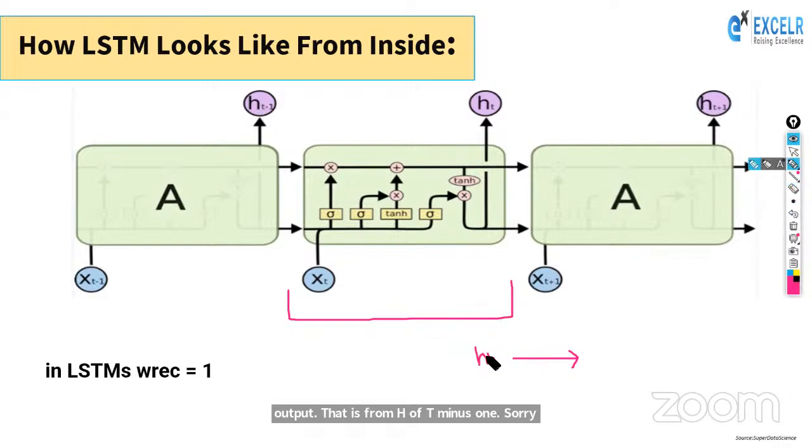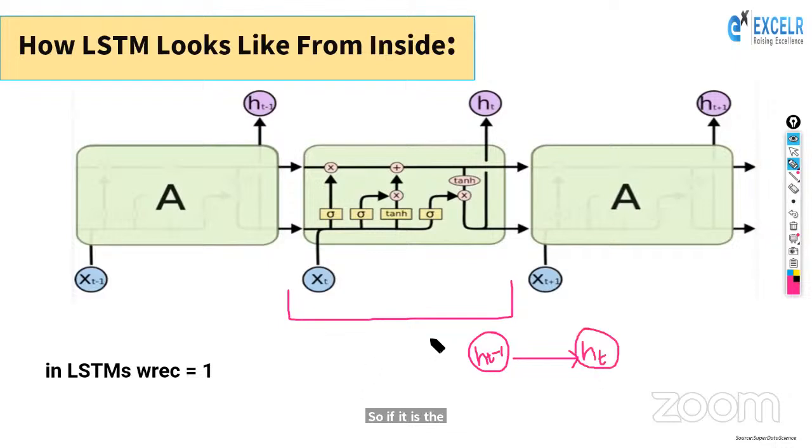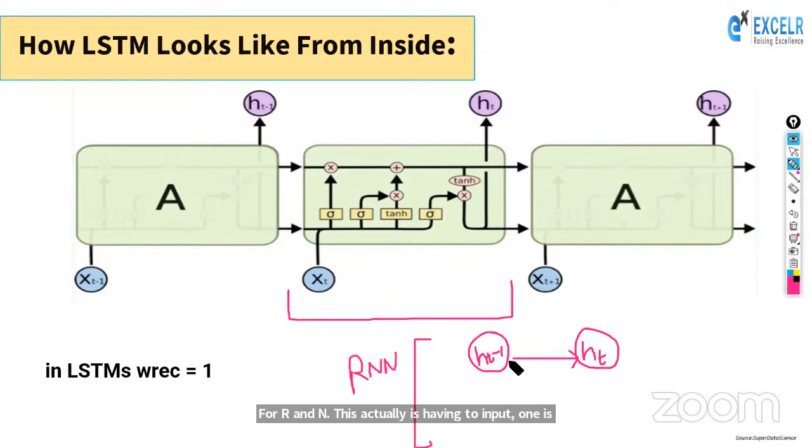So if it is the ht at a time instance t, this ht will have two inputs for RNN. One is coming from the h of t minus 1, the previous hidden layer node output, and the other is from the current input node, that is from I of t.